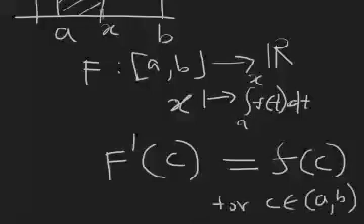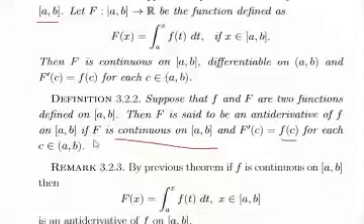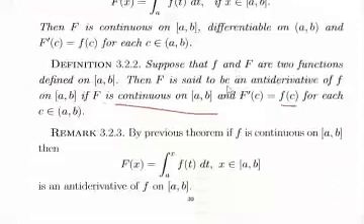So using the previous, we know the definition of antiderivative here. So look at this definition, right? If f is continuous on closed interval and uppercase F prime of c is equal to lowercase f of c, then we call capital F an antiderivative of f.